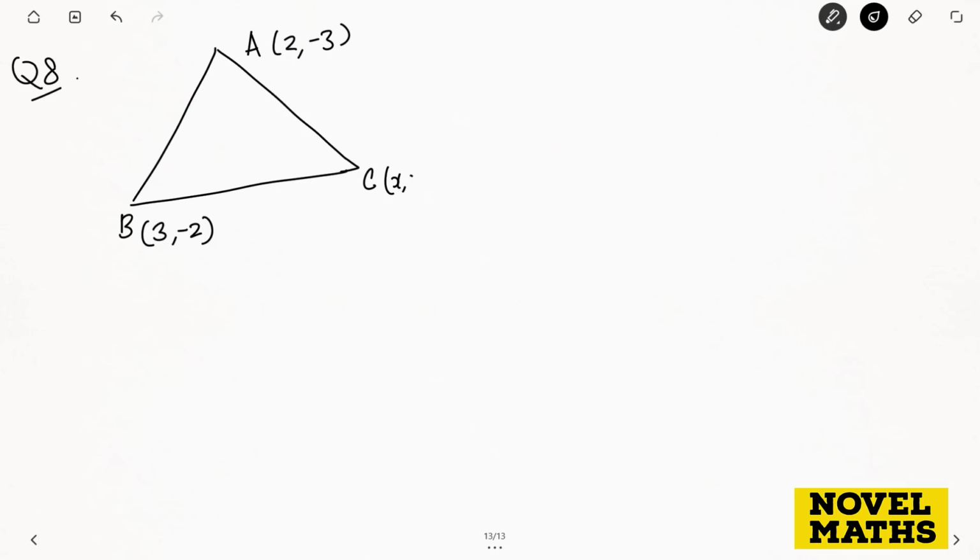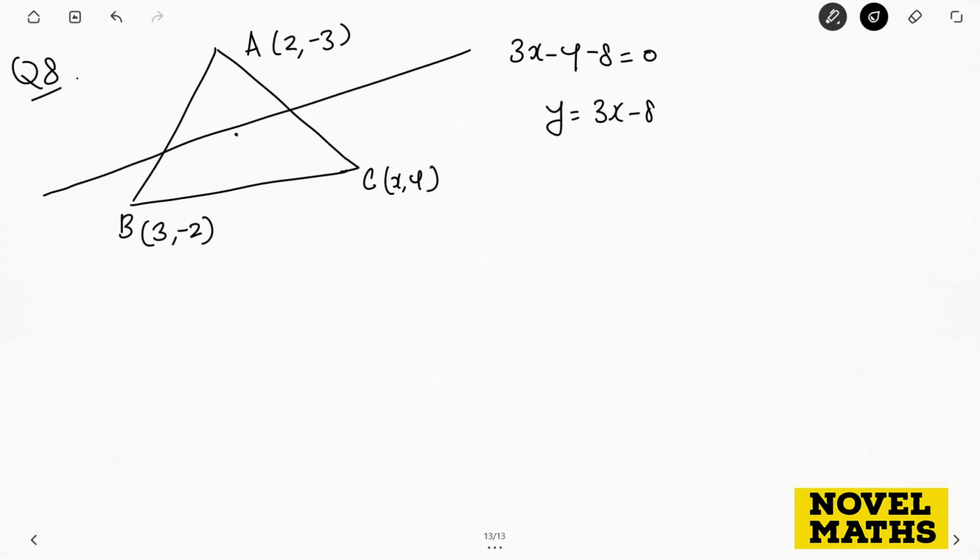C is x, y, and the centroid is some point for which the relation is given. If you're not familiar with straight lines, 3x minus y minus 8 equals 0. So y is 3x minus 8. So basically this will lie on some line.